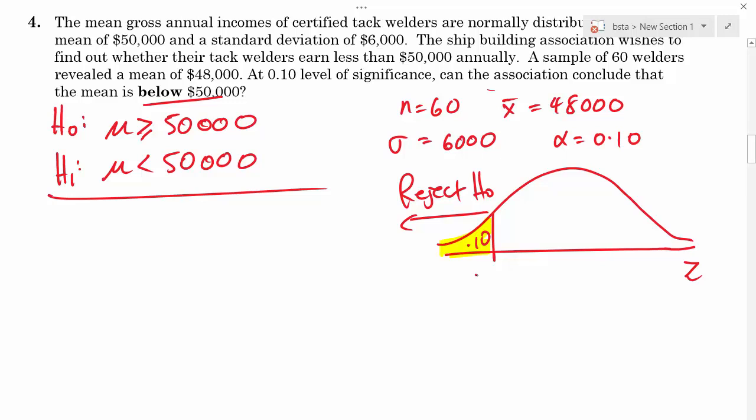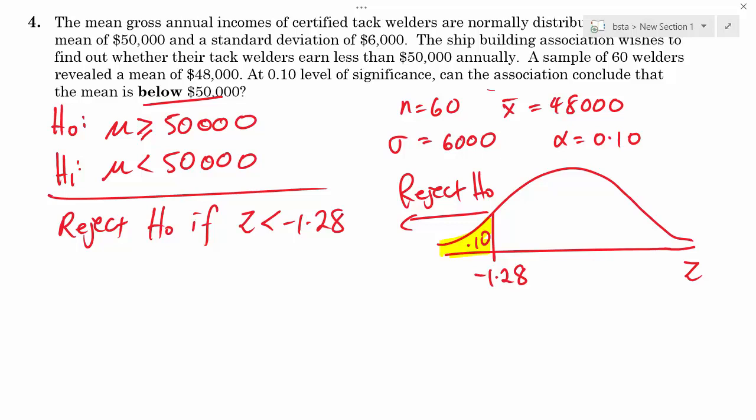We're looking for negative 1.28 because it's a left tail test. In essence, you're saying you will reject the null hypothesis if Z is less than negative 1.28. You have to be consistent with the direction of the alternative hypothesis. That's all you need to do for that second step. So you've stated your rejection region.